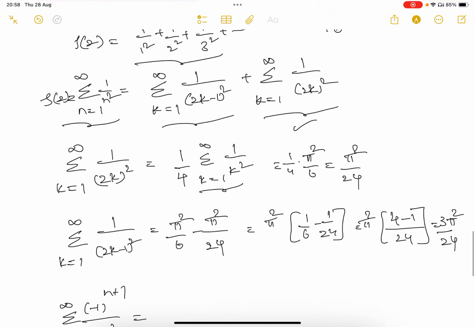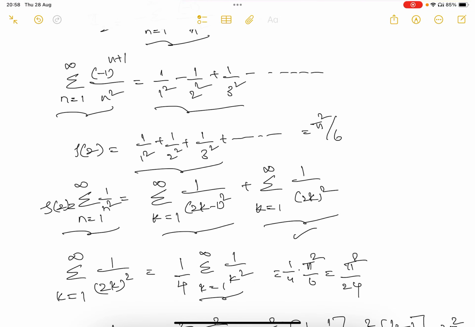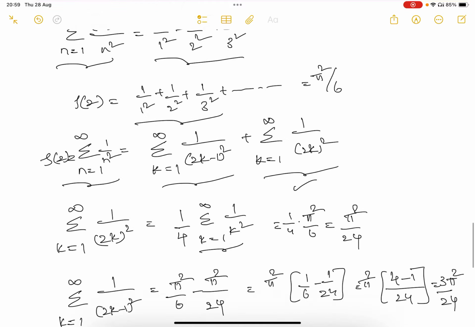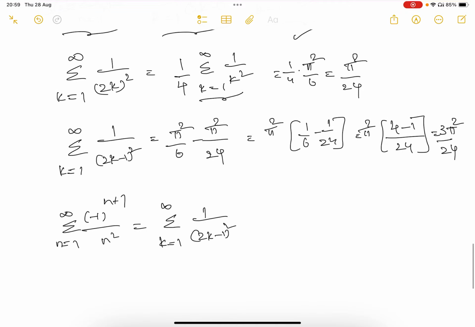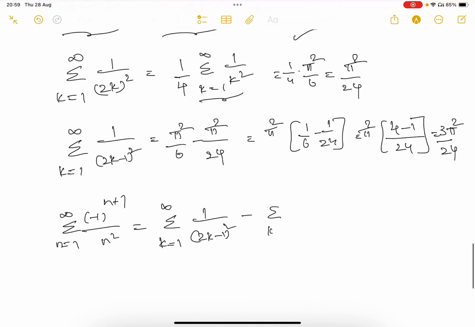Our case is, as you can see, the summation of odd numbers minus the even numbers. This is summation k equal to 1 to infinity 1 by (2k minus 1) whole square minus summation k equal to 1 to infinity 1 by (2k) whole square.